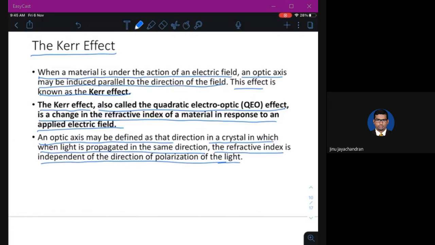When light is propagated along the optic axis, the refractive index, which usually depends on the polarization of the light, is now independent of it. Most anisotropic materials are birefringent, meaning the refractive index depends on the polarization of the light. But if the light is propagating along the optic axis, the refractive index will not depend on the polarization of the light.